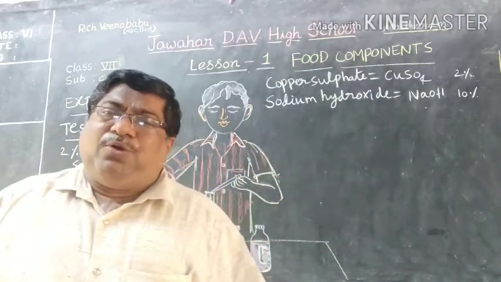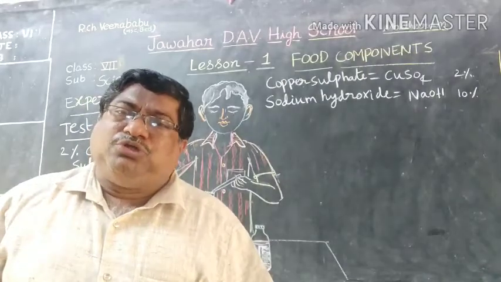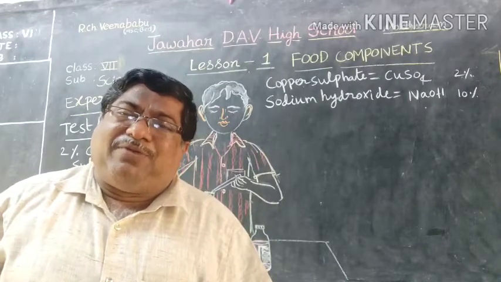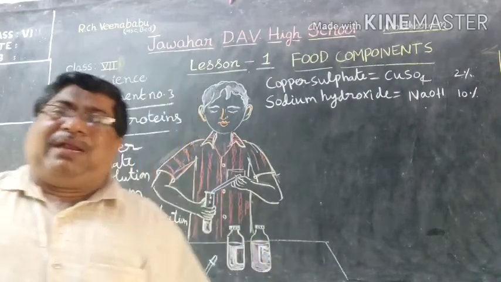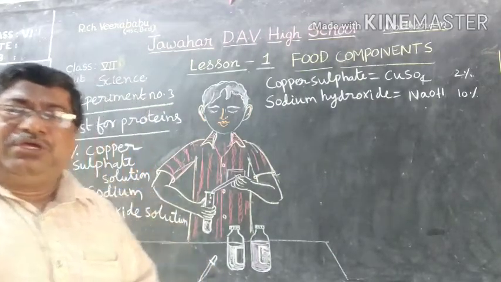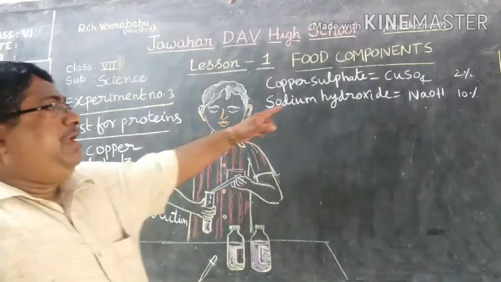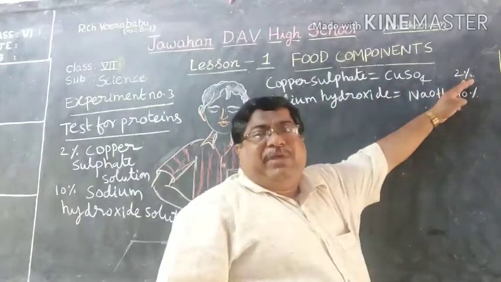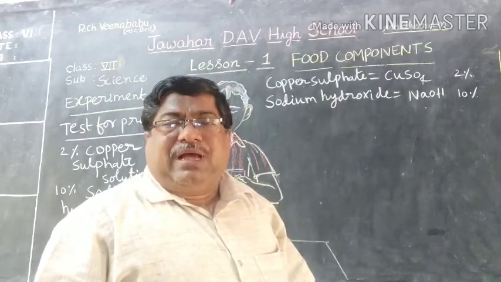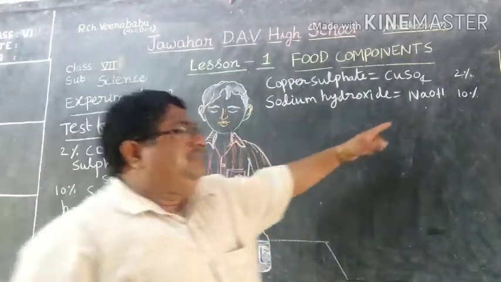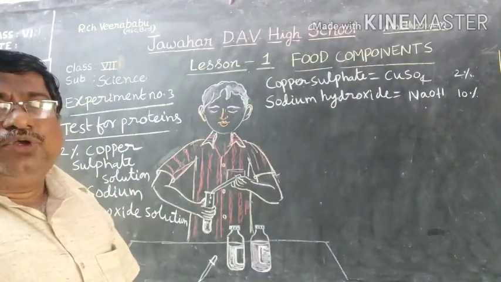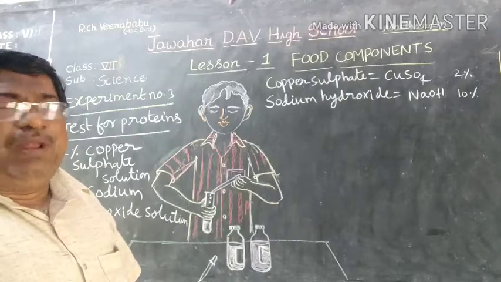Now first of all we have to prepare those 2 solutions. How to prepare 2% of copper sulfate solution and 10% of sodium hydroxide solution. Now here 2% is there, means we have to take 2 grams of copper sulfate, and 10% is there, 10 grams of sodium hydroxide, in 100 ml of water.